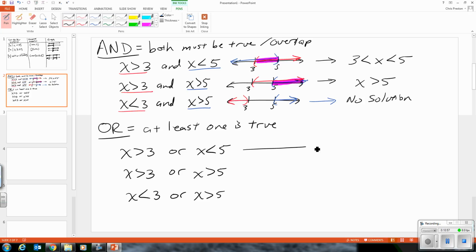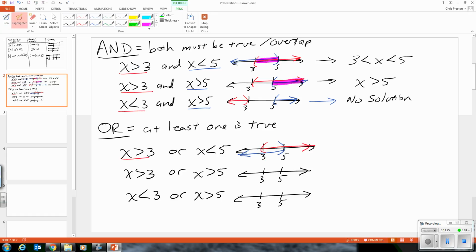So again, I'm just going to go through 3 and 5. So in this case, I'm going to say, x is greater than 3, or x is less than 5.